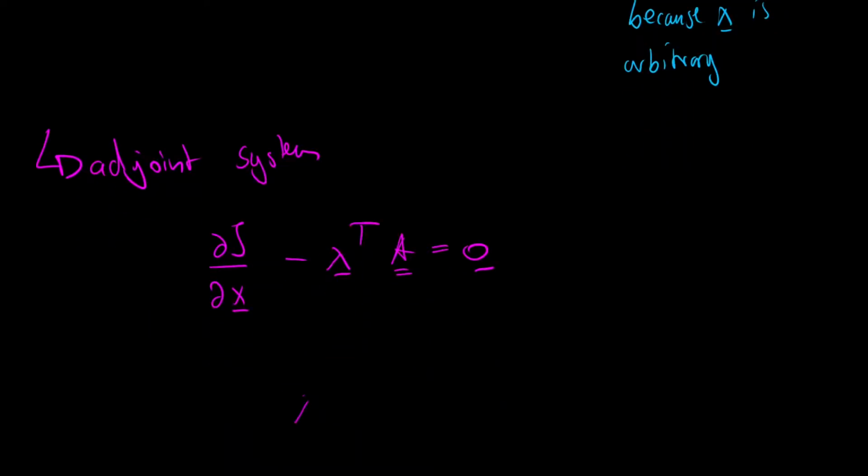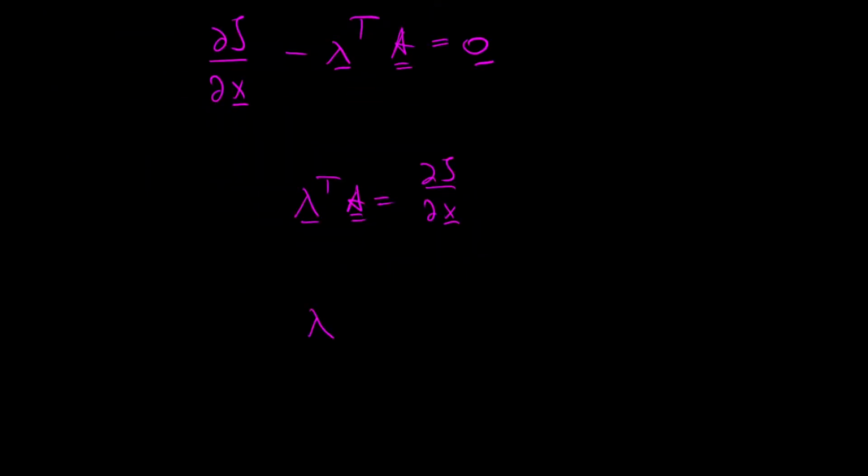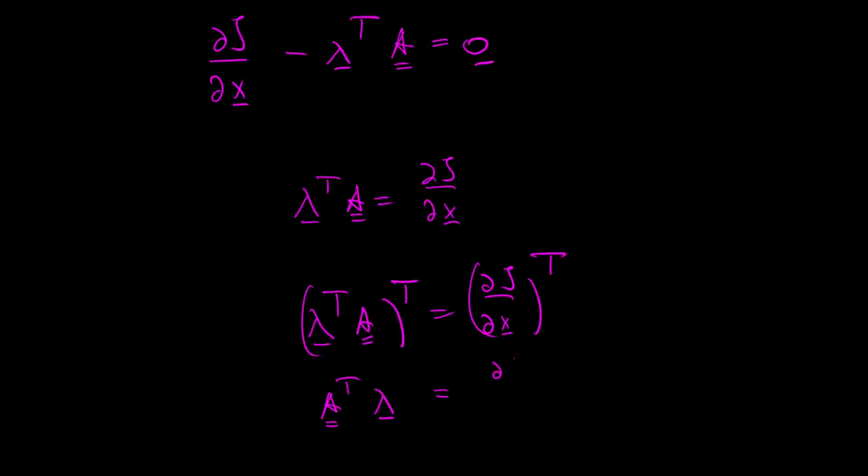So we first get lambda transpose times A is dj by dx, and then we can apply the transposition on both, and this gets us lambda transpose times A in brackets transpose is dj by dx in brackets transpose, and let's apply the transposition so it changes the order. We have A transpose times lambda is dj by dx in brackets transpose, and bingo, that's the same adjoint system as we've also found in the video with the implicit differentiation.